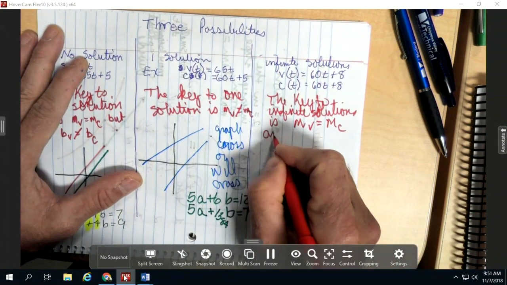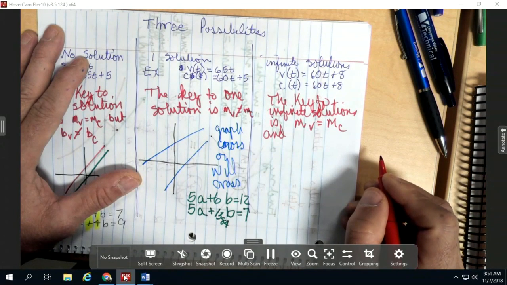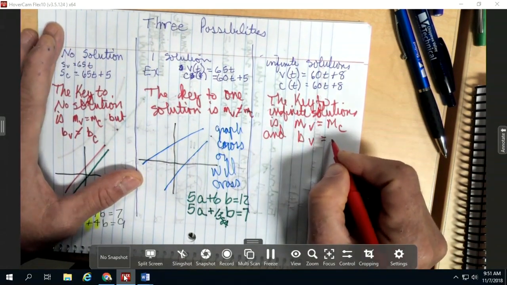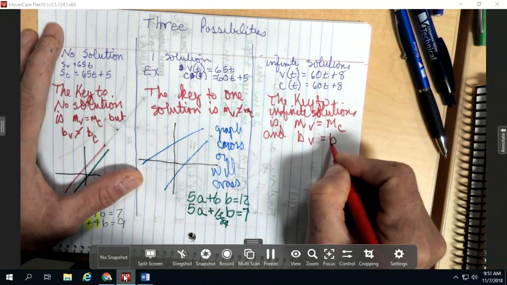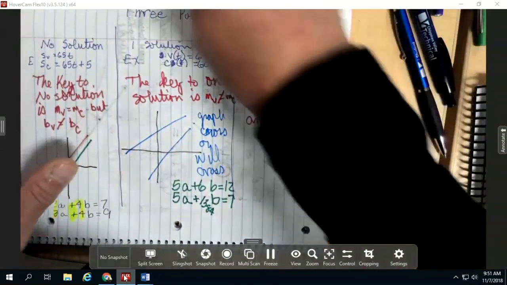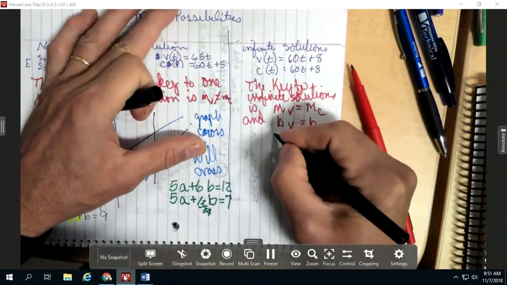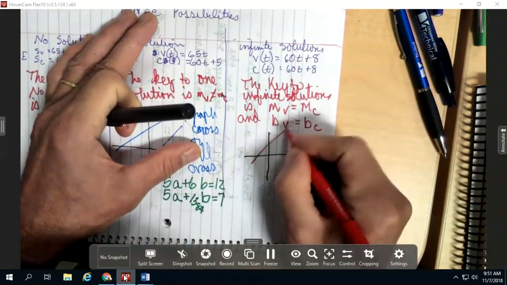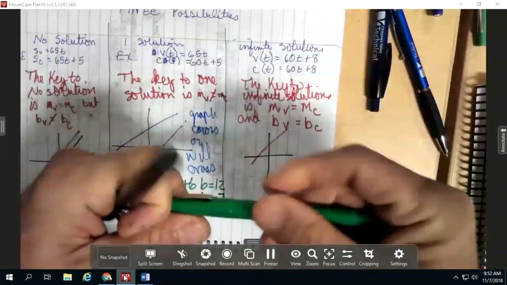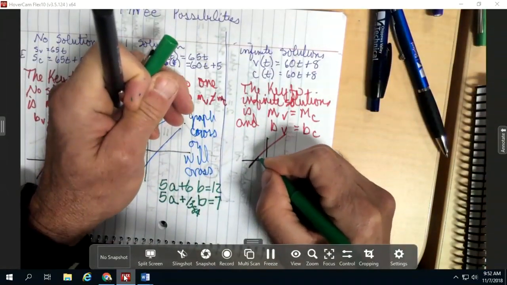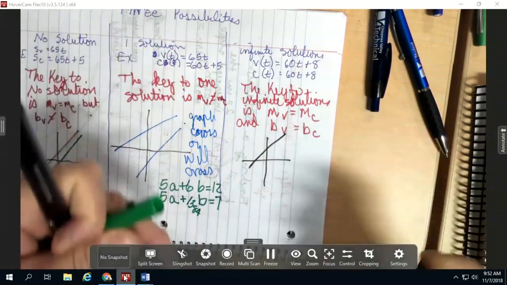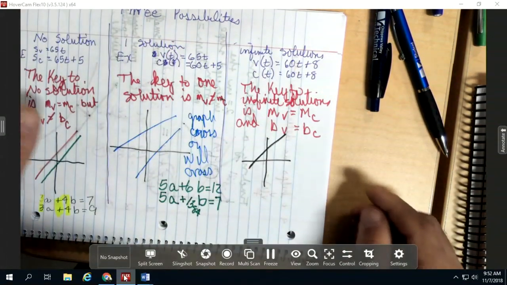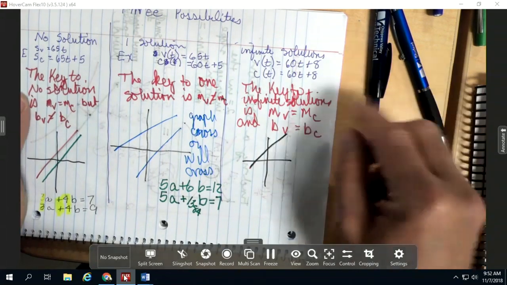And b sub v is b sub c. So when we graph them, the red line and the green line are the exact same. In fact, it looks to be black because red plus green makes black.